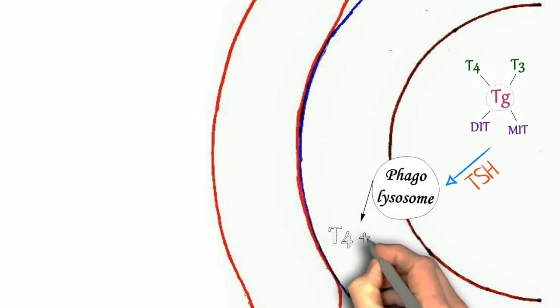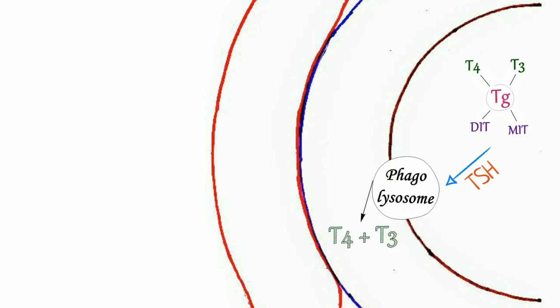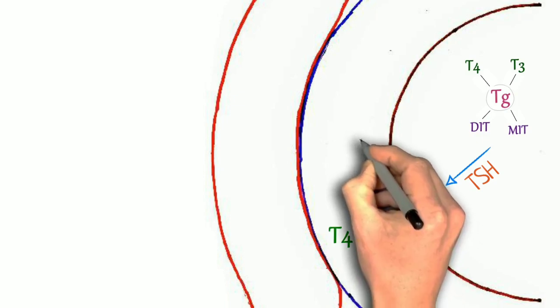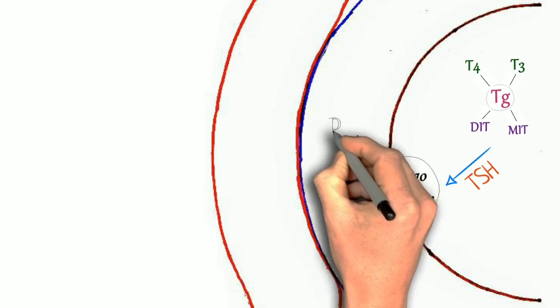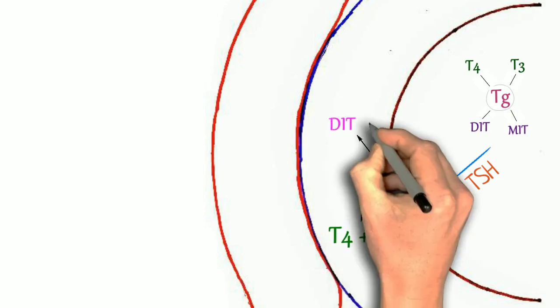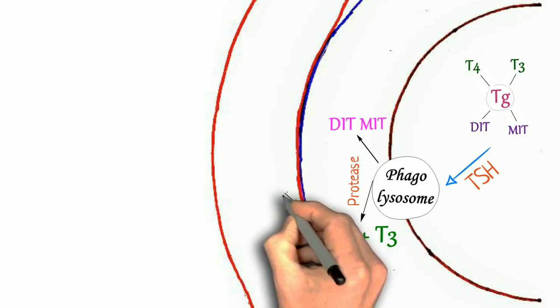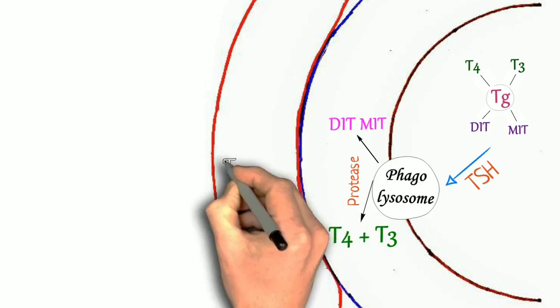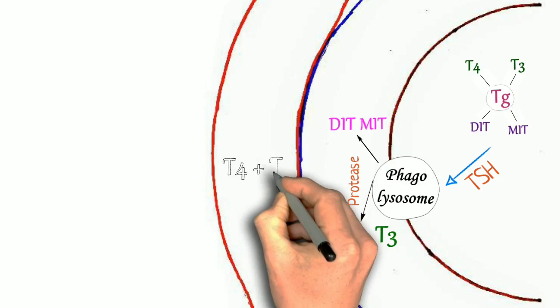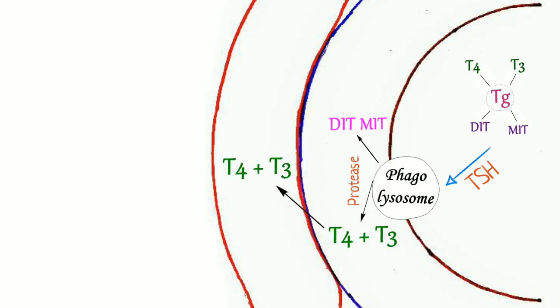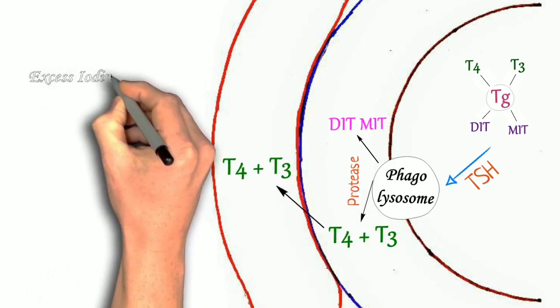Here, proteases free T4 and T3, DIT and MIT within the phagolysosome. T4 and T3 are then transported from the phagolysosome across the basolateral membrane and into the circulation.